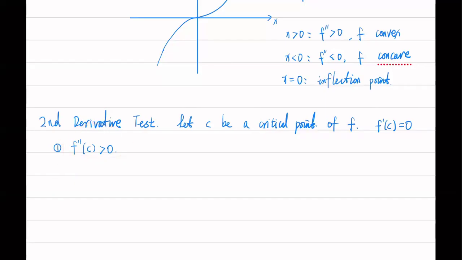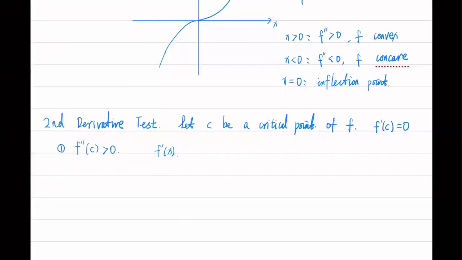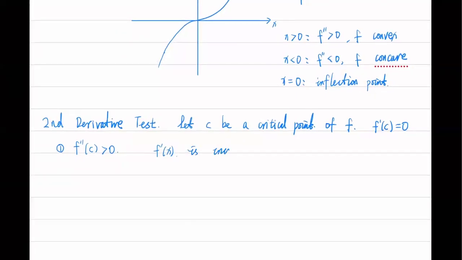So the second derivative is positive. It tells us the derivative is increasing, but we also know f'(c) is 0. Okay, it's an increasing function. At c it is 0. What can we say about f' if x is less than c?